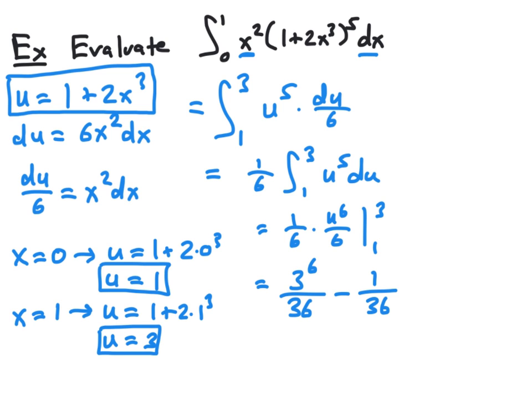And computing out all of this and doing the appropriate arithmetic, we get a final value of 182 over 9. So this will be the value of the definite integral of x squared times 1 plus 2x cubed to the fifth power from 0 to 1.